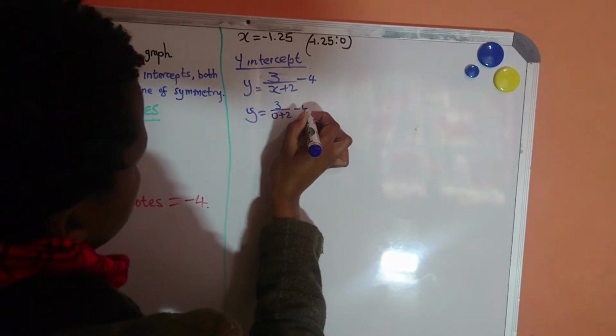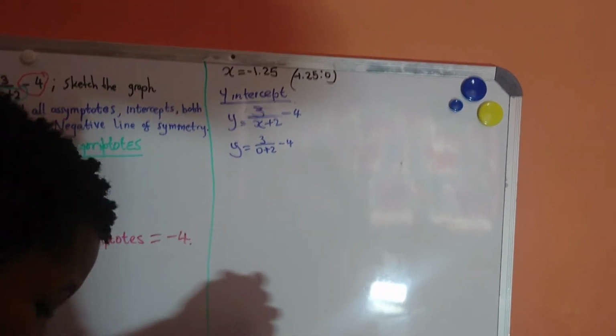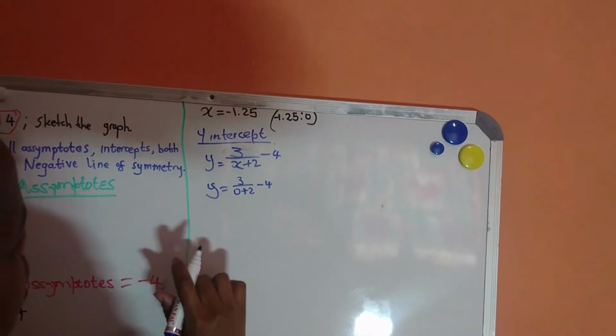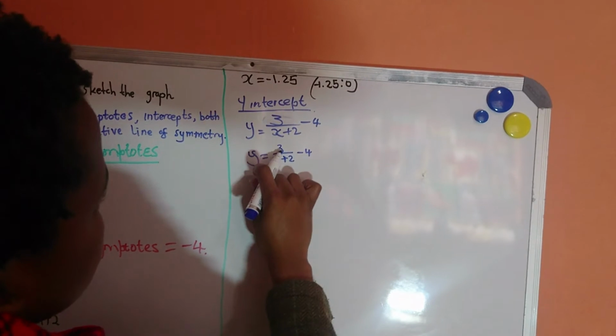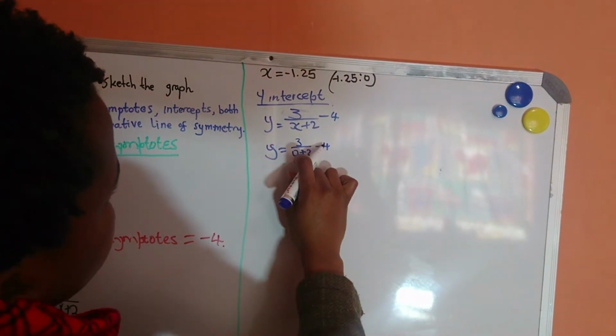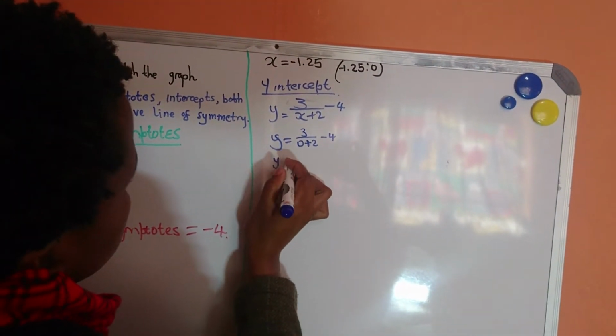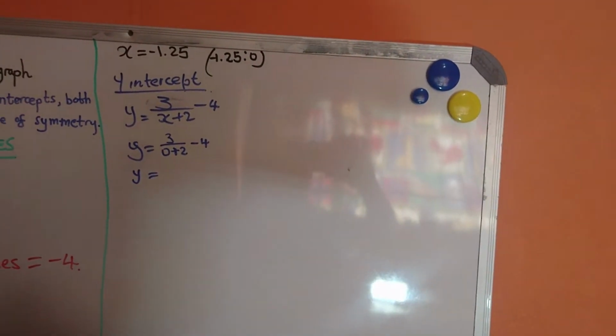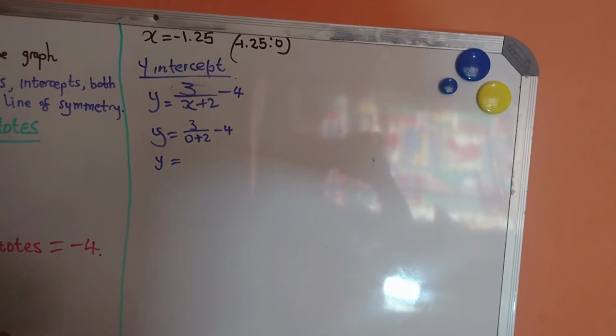Try to go quick as much as you can. So, 3 divided by 2, negative 4. Y. 3 divided by negative 2.5.